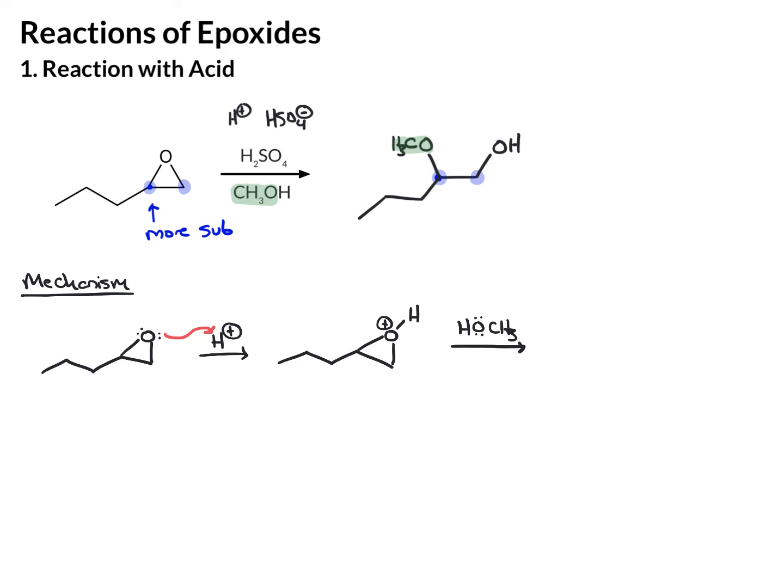Oxygen prefers 2 bonds. 3 is pushing it, 4 pretty much out of the question. So what do we do instead? We're going to draw our curved arrow to the more substituted carbon of the epoxide. And what that does is that breaks the carbon-oxygen bond and puts a new lone pair of electrons onto the oxygen, kind of filling that positive charge.